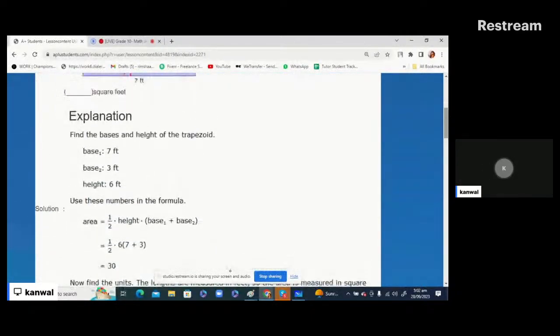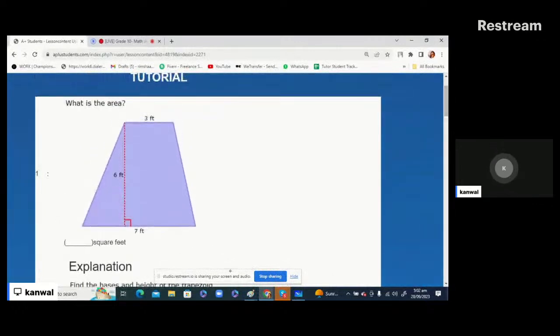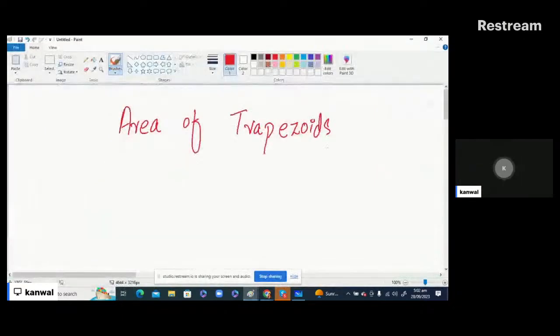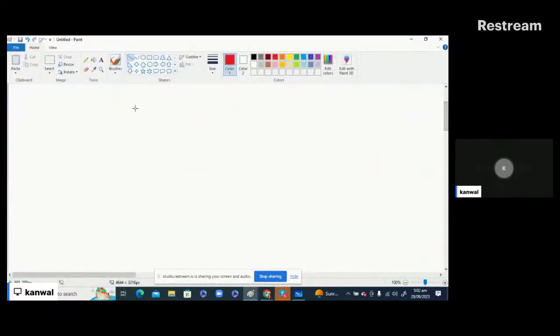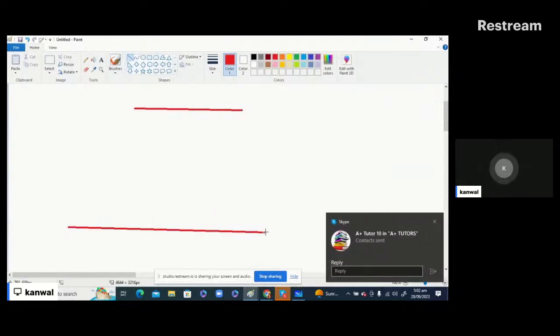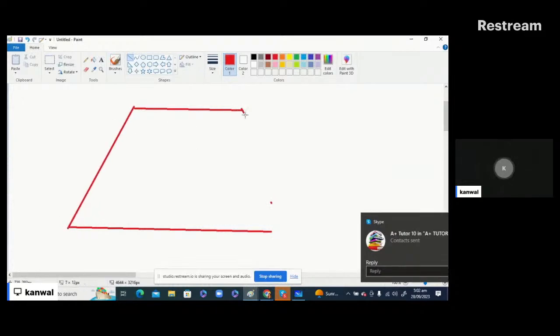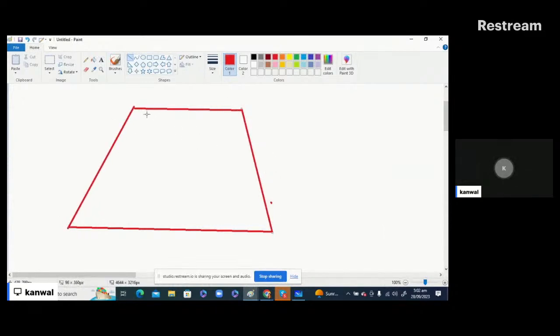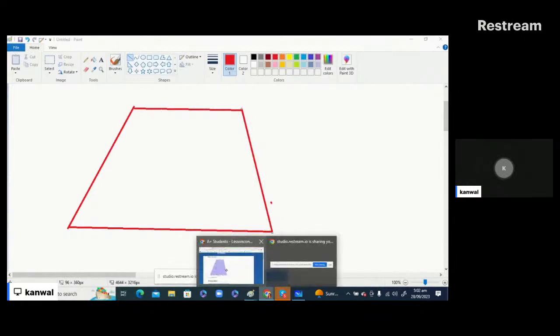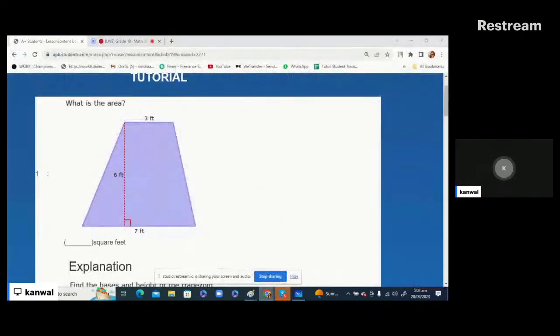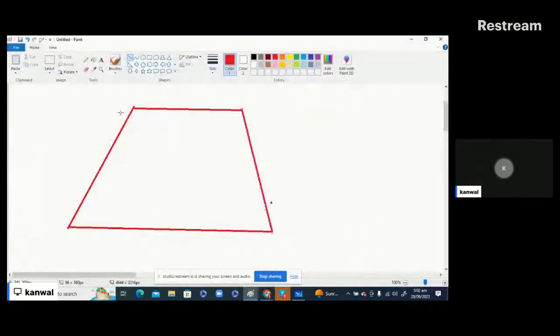And what is the total height? That is 6. Look here, this is the height, the total height. Look at the shape, and here the height is given.